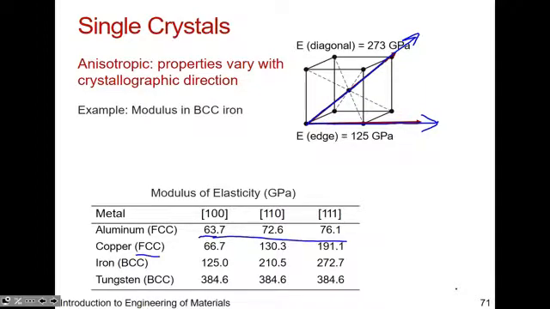Same thing with another FCC type material, copper. And then you look at iron and tungsten, and iron BCC is anisotropic, and you can see that from the elastic moduli that are given here. And you can calculate all of these values based on the compliance matrix components.